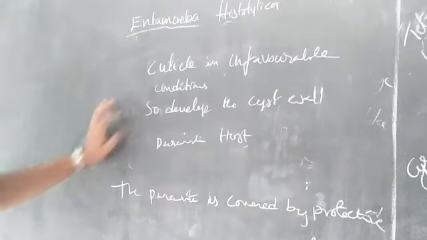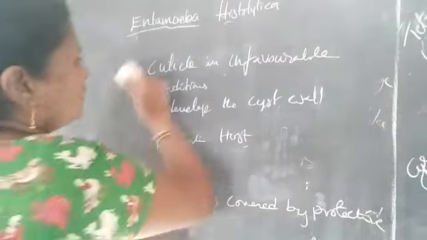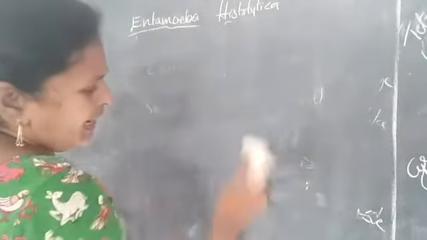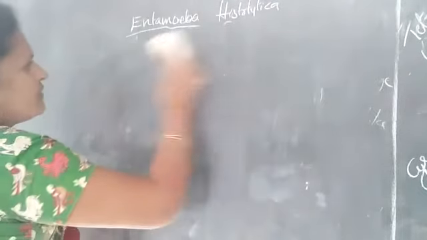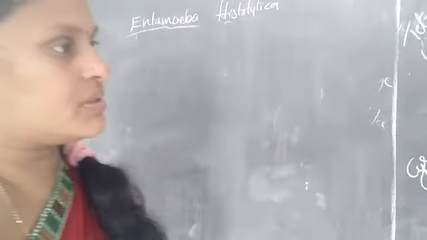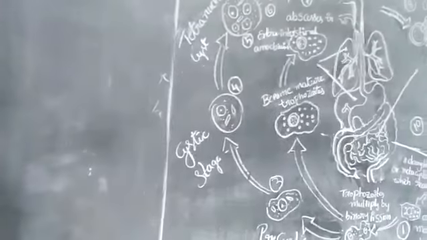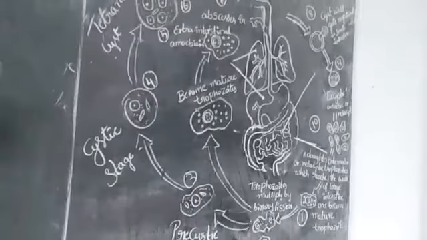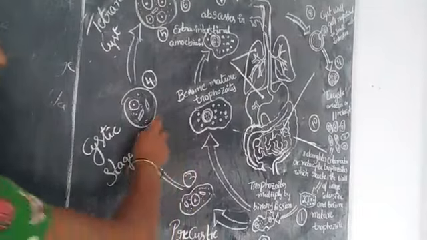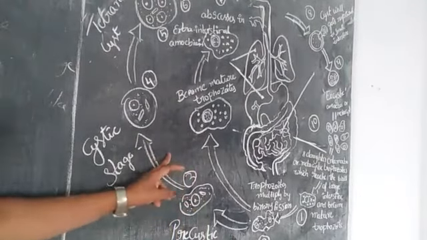So those are the three stages of Entamoeba histolytica, and its life cycle is shown in the diagram. So this is the life cycle of Entamoeba histolytica.